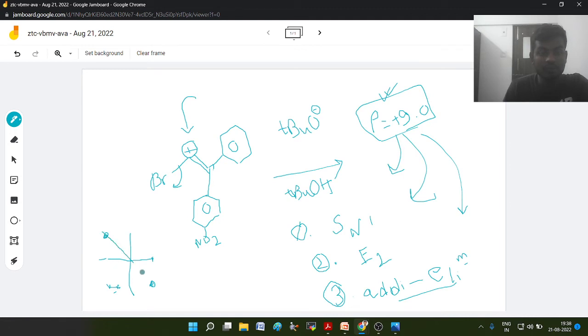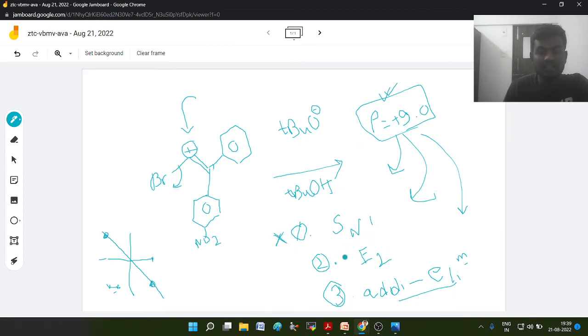So then the rho value would be negative, but the observed rho value is 9 and it's positive, so it cannot be the case. If it is an SN1 type, we try to have a positive charge forming, and the rho value will be negative. What you observe is a positive rho value, so it is not an SN1.